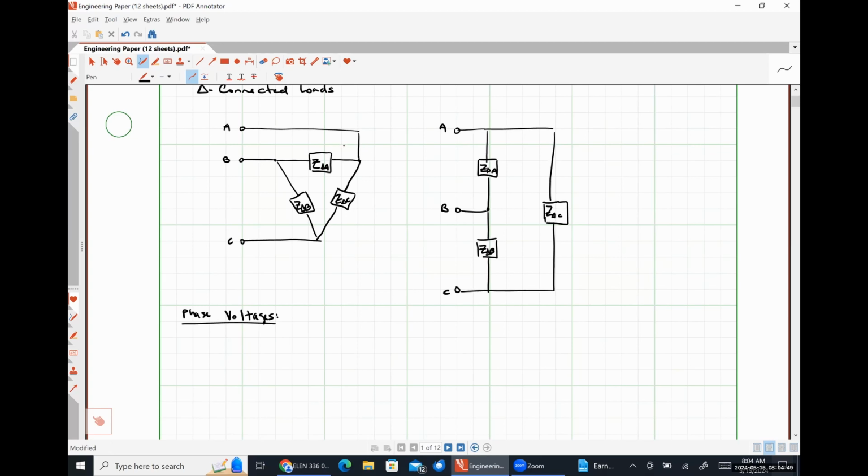So I could call the voltage drop across Z delta A VAB like so. The voltage drop across Z delta B will be VBC like so. And the voltage drop across Z delta C will be VCA. So, and I can represent them on my alternative delta configuration over here as well.